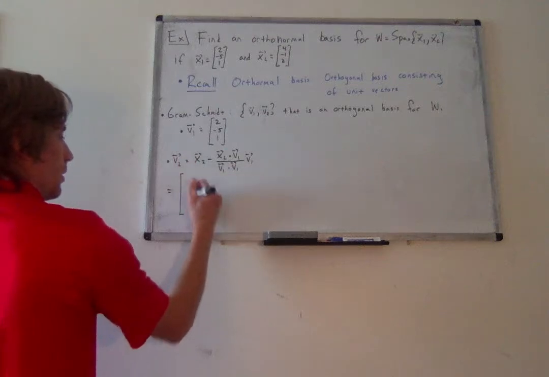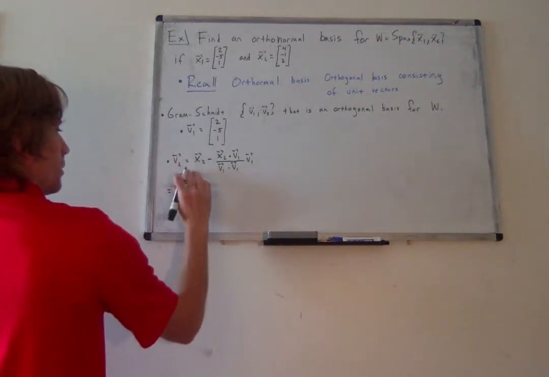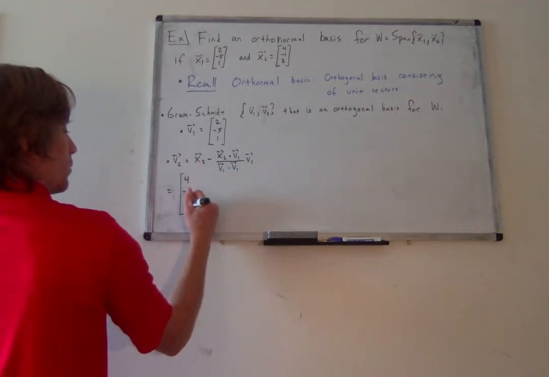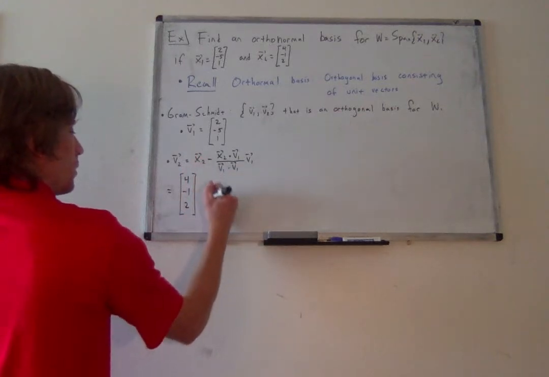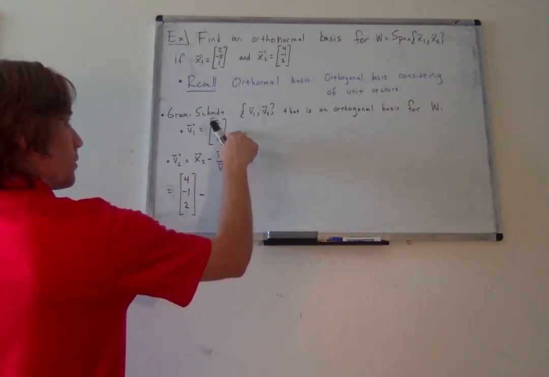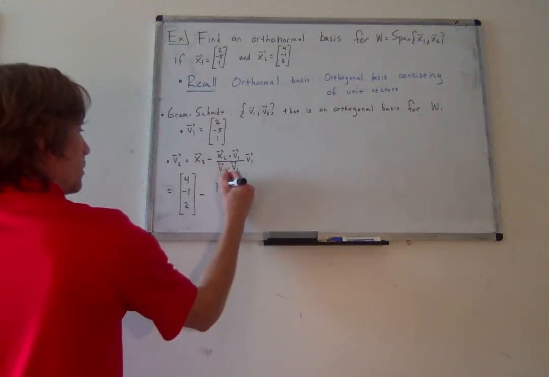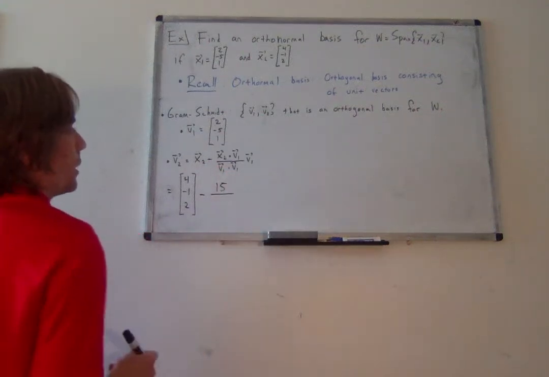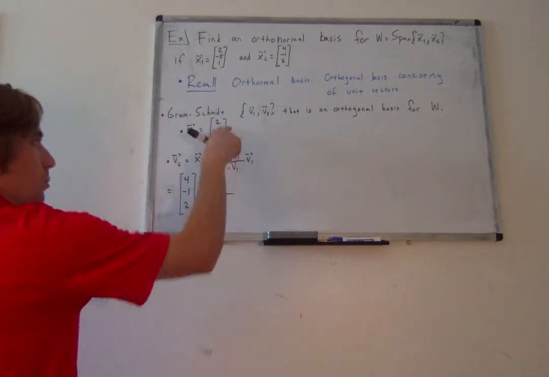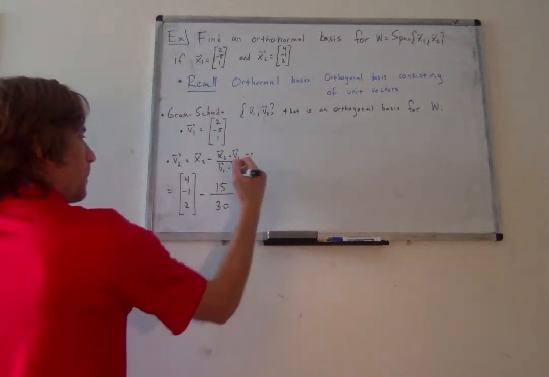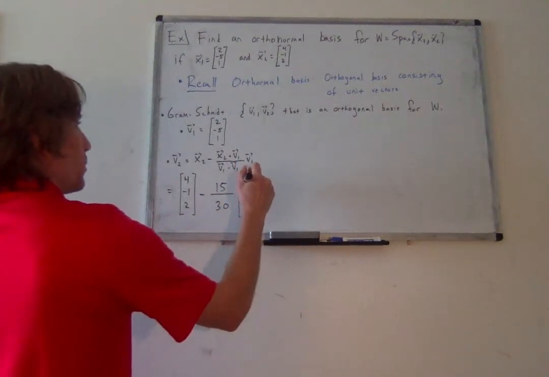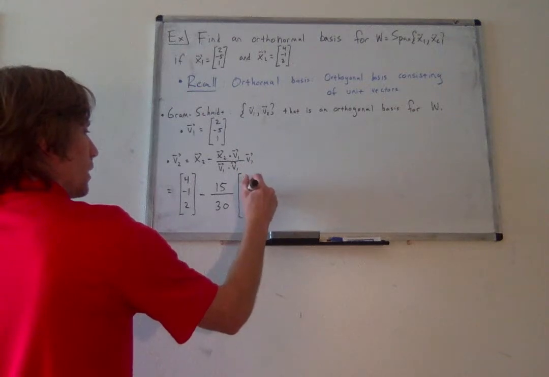So this is equal to (4, -1, 2) minus x2 dot v1, which is 8 plus 5 plus 2, so 15, divided by v1 dot v1, which is 2 squared, 4, plus 5 squared, 29, plus 1 squared, is 30, multiplied by the vector v1, (2, -5, 1).